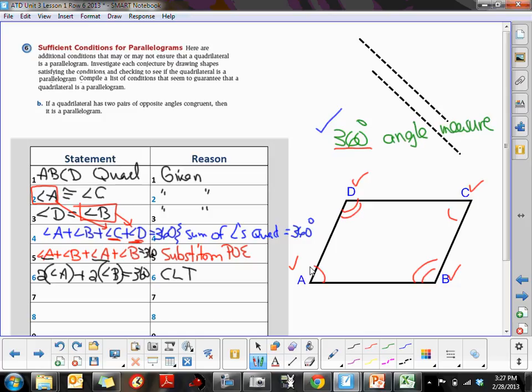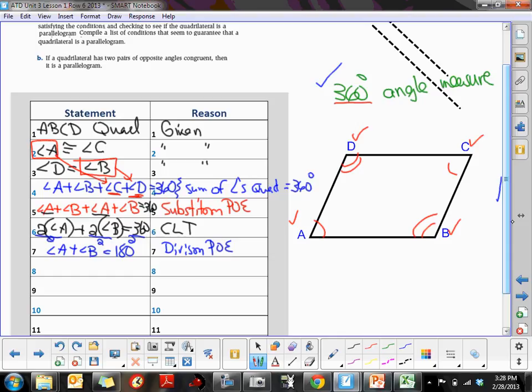Then we're going to use the division property of equality. What I'm going to do is divide this entire equation by 2. So if I divide everything by 2, we're going to have angle A plus angle B equals 180 degrees. And that is by our division property of equality. Now we've made the statement that A and B have to add up to 180.